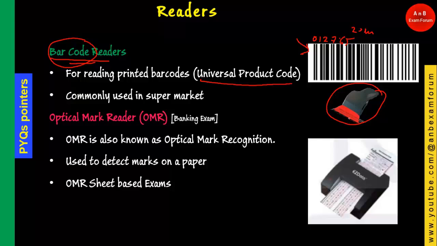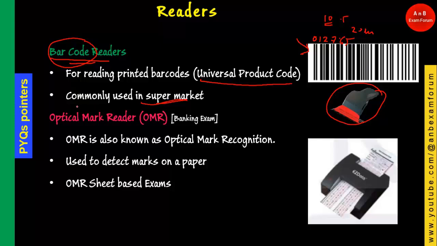With 20 characters, if you have very good speed you may take 10 seconds or maybe 5 seconds, but with a barcode reader you can get the input within 1 second. That's why they are commonly used in supermarkets. You have seen in supermarkets the client has one device which is used to read the barcode on the products.